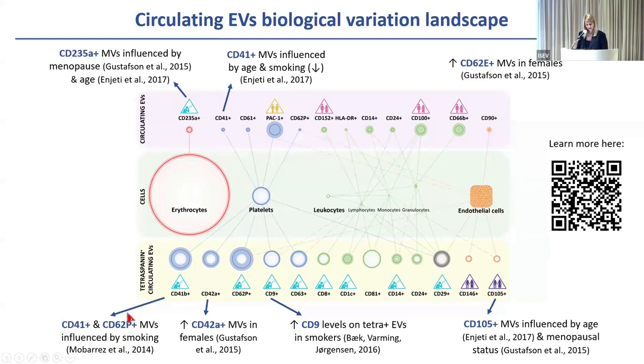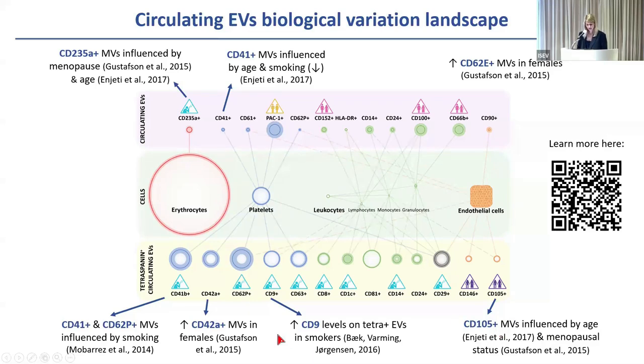They also additionally showed that CD62P positive MVs are influenced by smoking. And similar to what we've done, CD9 levels on tetraspanin positive EVs are dependent on smoking status. Another study showed, similar to ours, that CD105 positive MVs are influenced by age, and they also showed an influence of menopausal status.